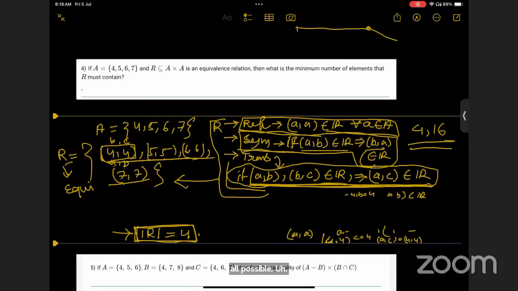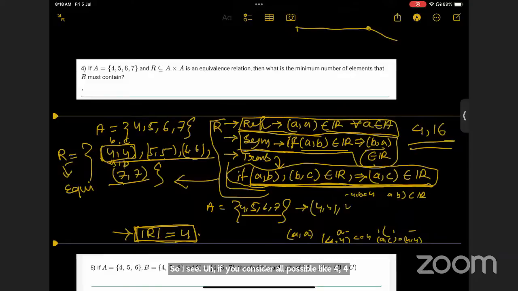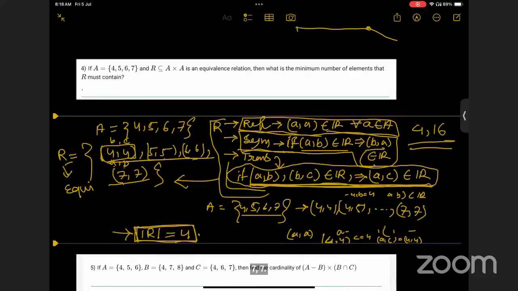If we have A equals 4, 5, 6, 7, and you consider all possible tuples like (4,4), (4,5), and so on, up to (7,7), then it will be the maximum possible.